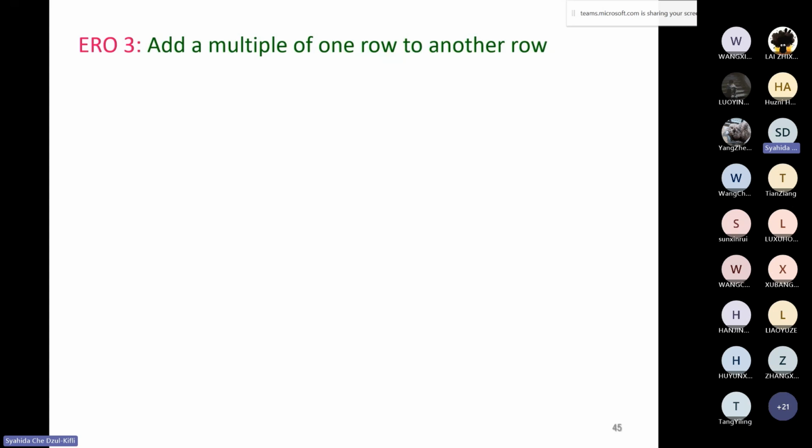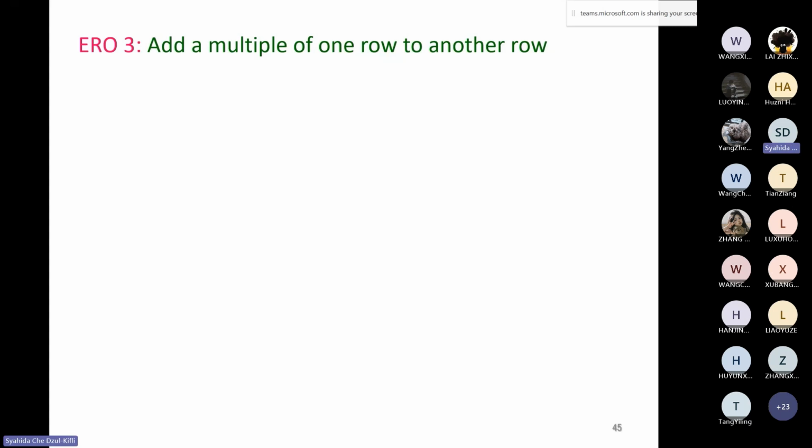The third row operation is quite complicated. First of all, you have to identify which row is going to change, which row we are going to perform the operation on. And then, to do something on that row, we need another row.